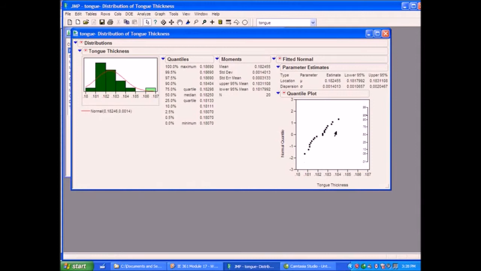That suggests that this part of the distribution over here does not fail terribly to be bell-shaped, but this point over here is a different matter. Okay, so let's grab that point.